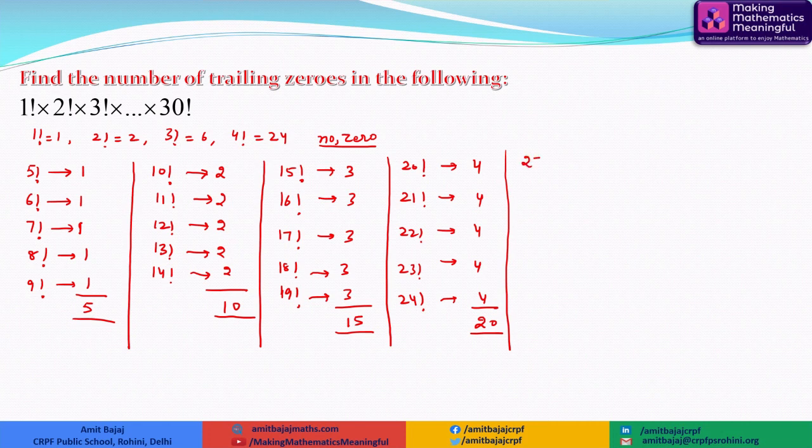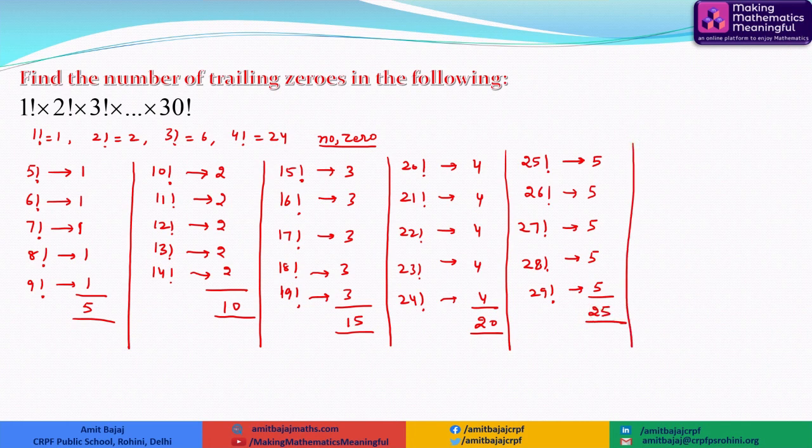And so on, followed by 25 factorial with 5 zeros up to 29 factorial, each giving us 5 zeros. So a total of 25 zeros will be there.